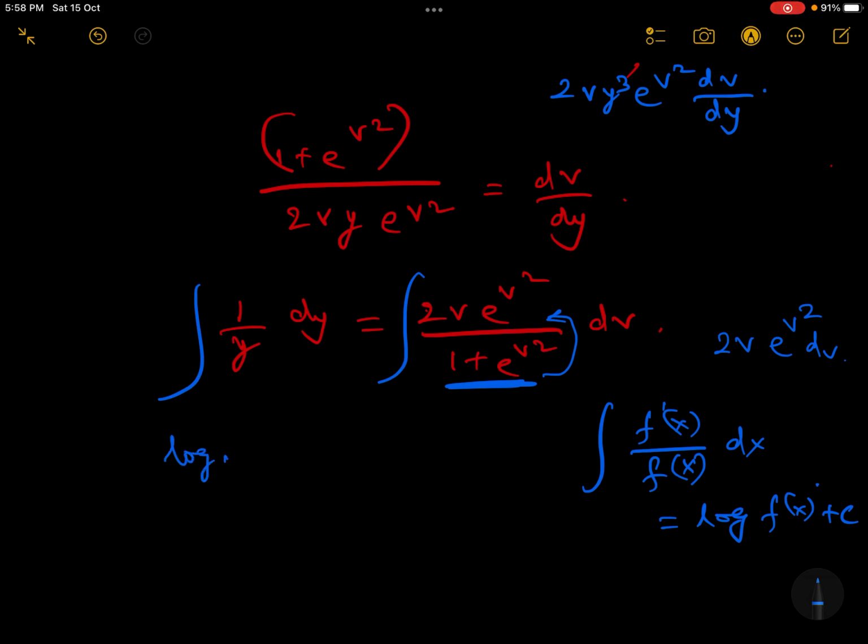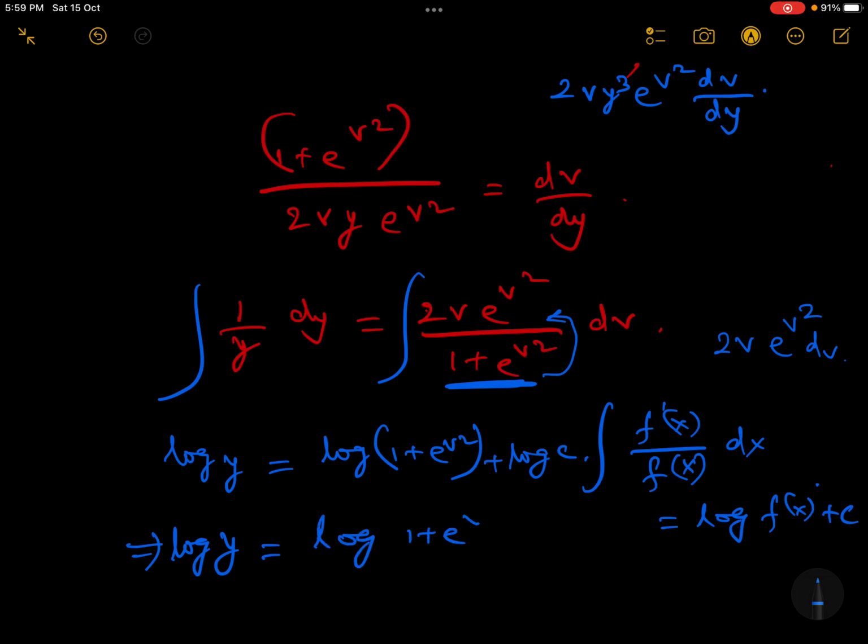This is log of y already. So we substitute this as z, equal to log of 1 plus e^(v square), and then plus log of c. This implies log of y is equal to log of 1 plus e^(v square) into c.